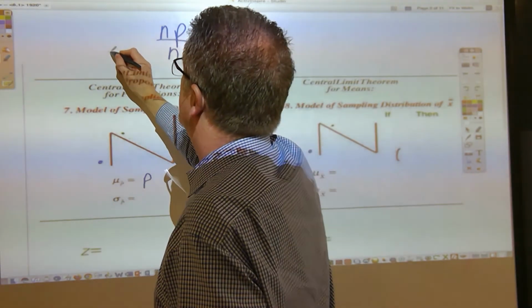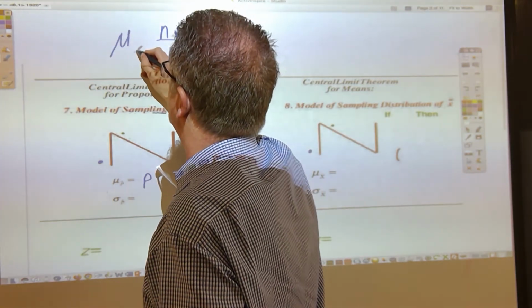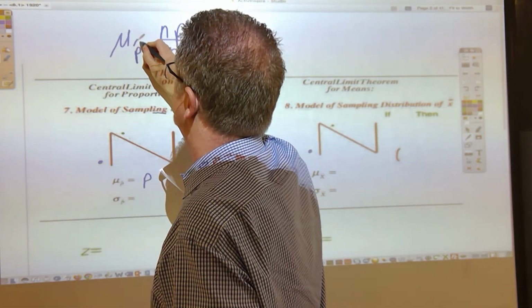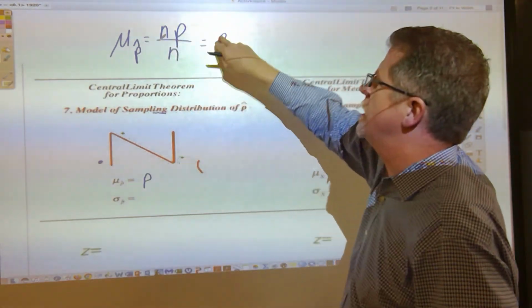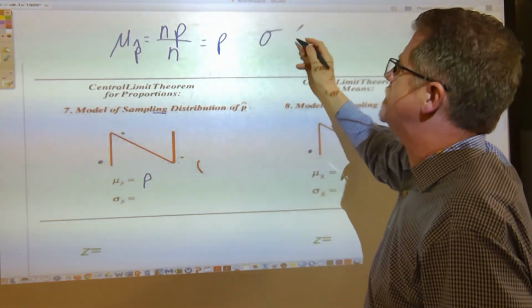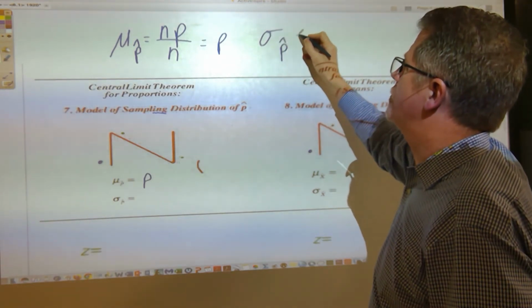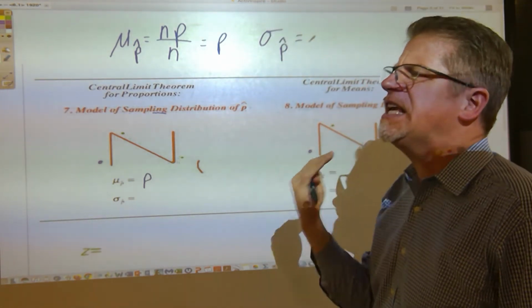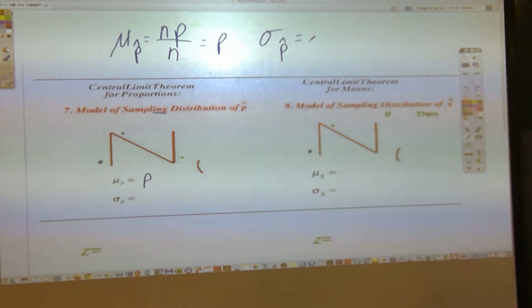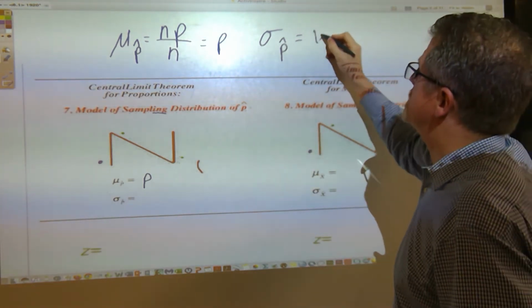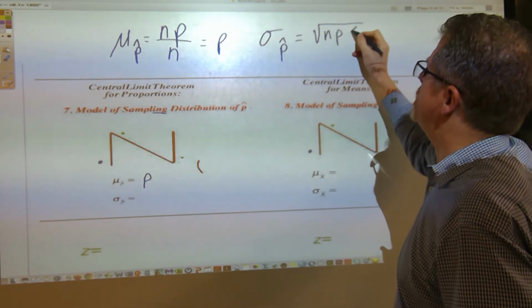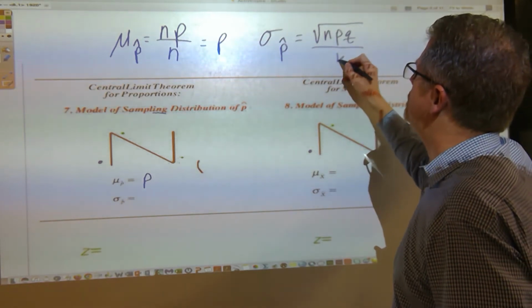So the mean of the sampling distribution of sample proportions is np over n. Now let's look at the standard deviation of the sampling distribution of sample proportions. Imagine an infinite number of samples. Well, what we do is we take the square root of npq and divide it by n.